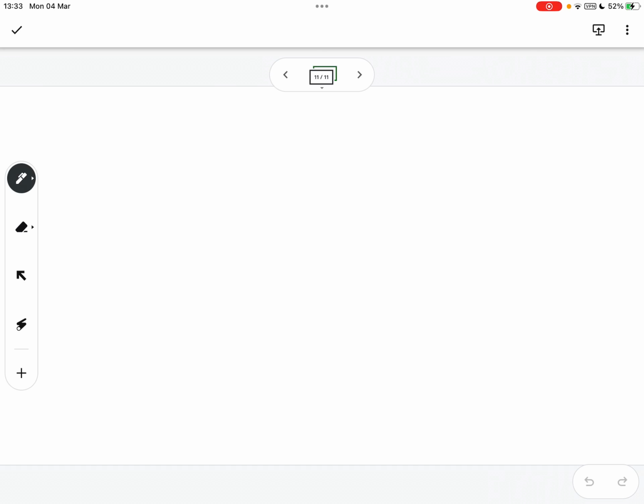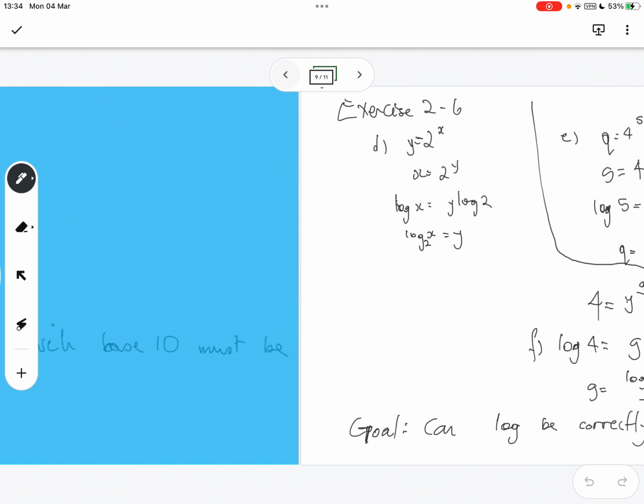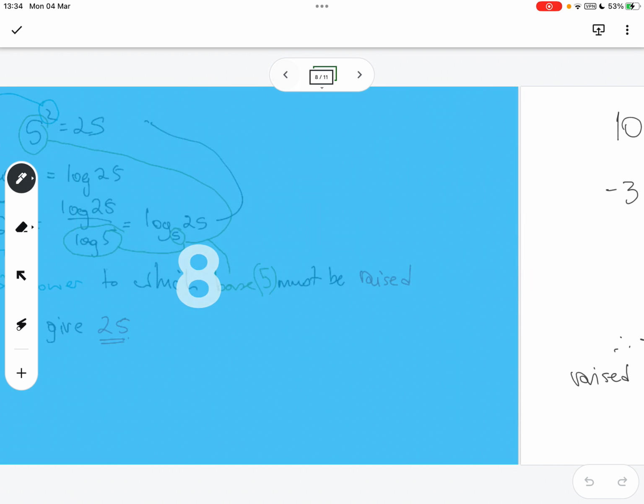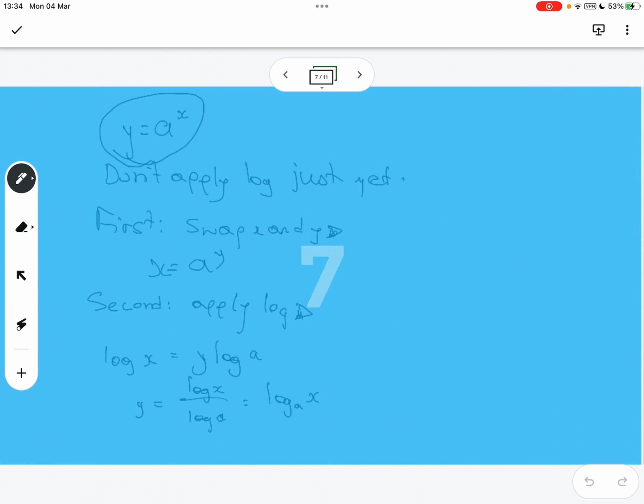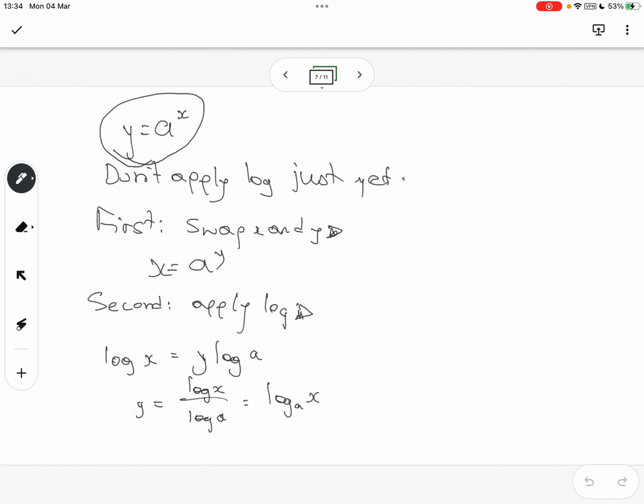We had to prove if the answer they gave us, p equals log n base a, is the inverse of p equals a to power n. So we have to apply the swap of x and y, then apply the inverse thing. So here, let me just revert back to here.